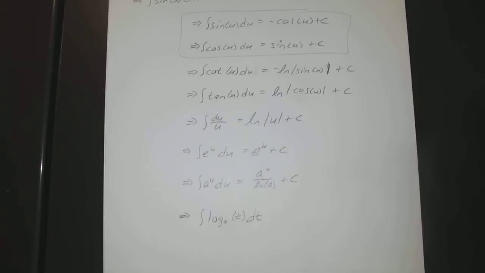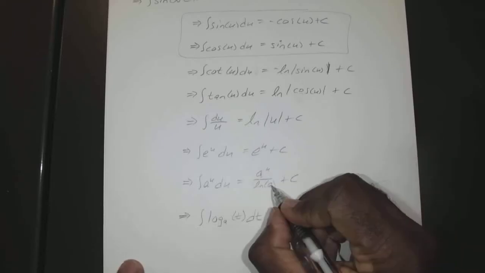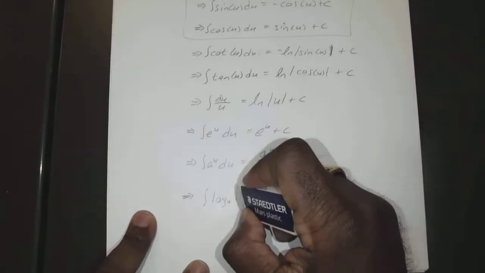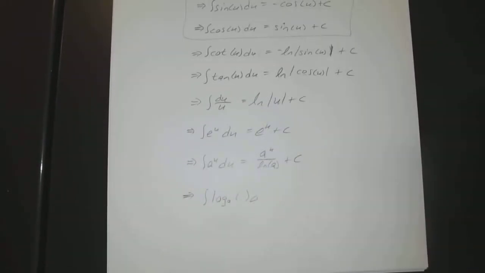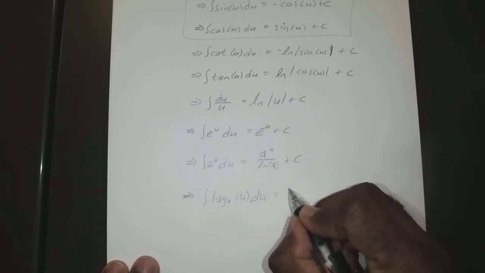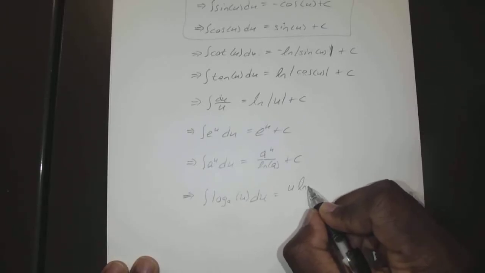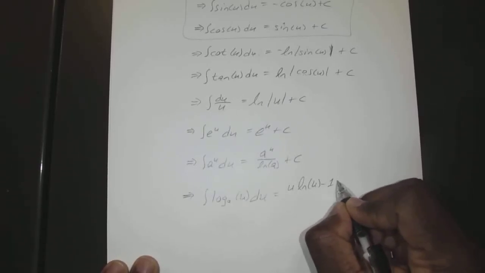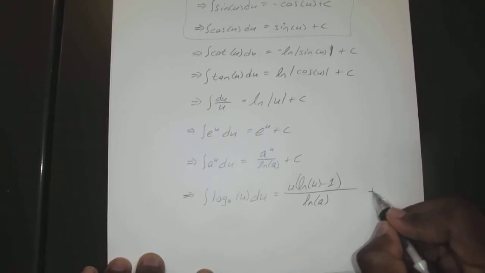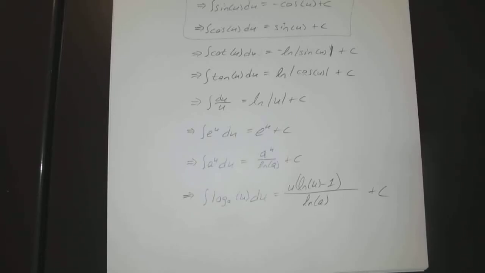The integral of log base a of u is equal to u times natural log of u minus 1, all over natural log of a, plus c. For most of the problems, these are either t or x, so you really don't need the u, but just put it there anyway.